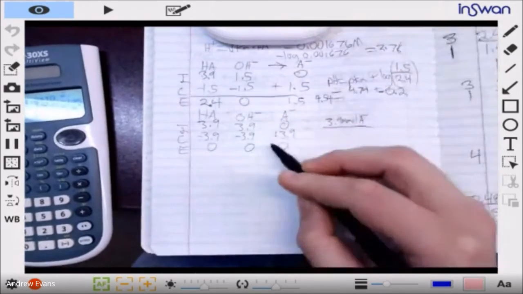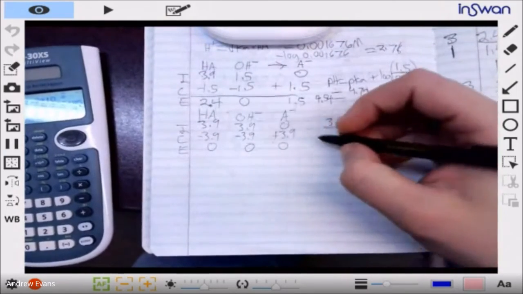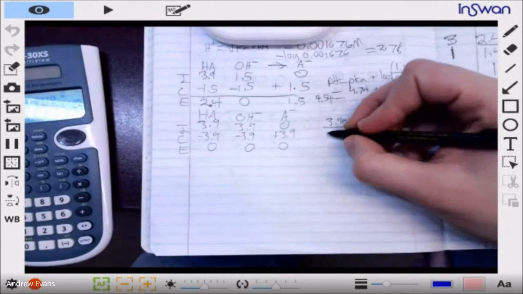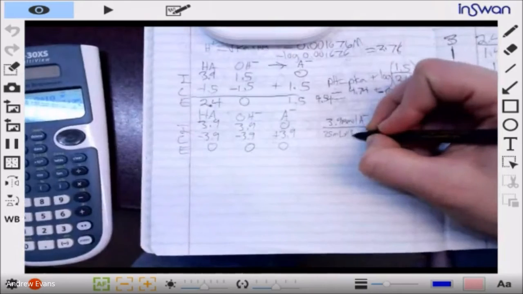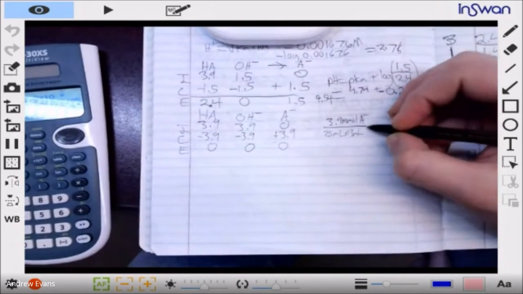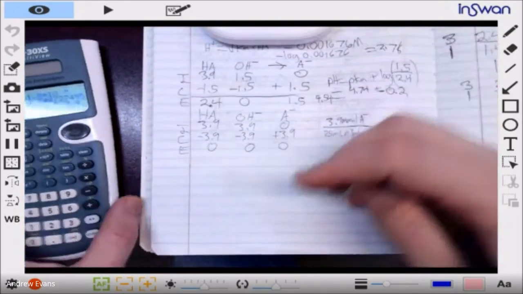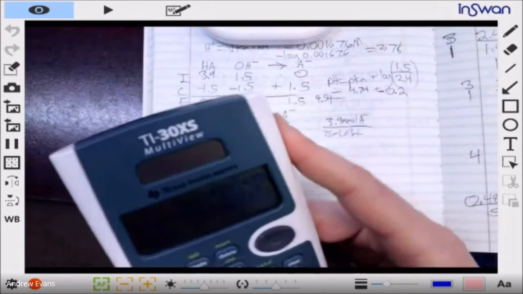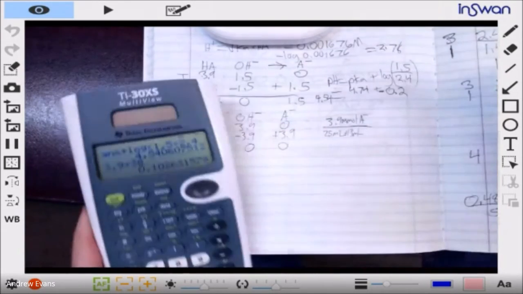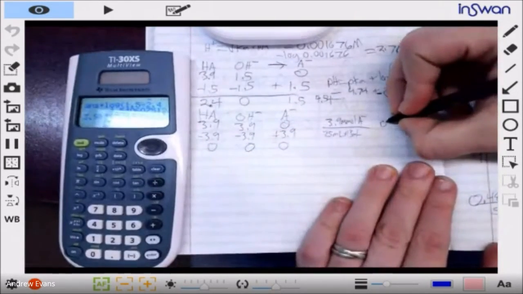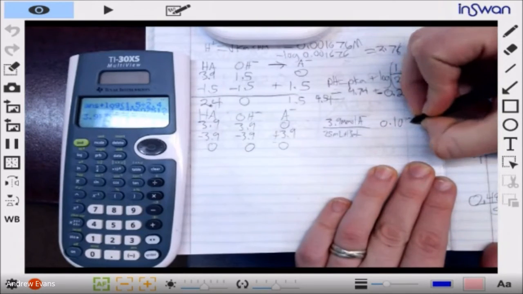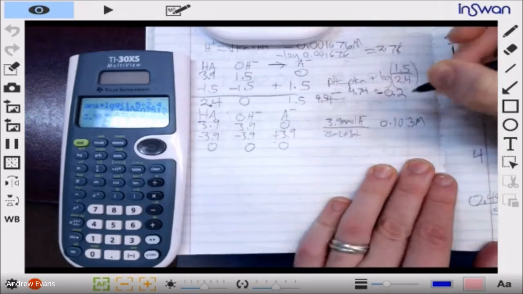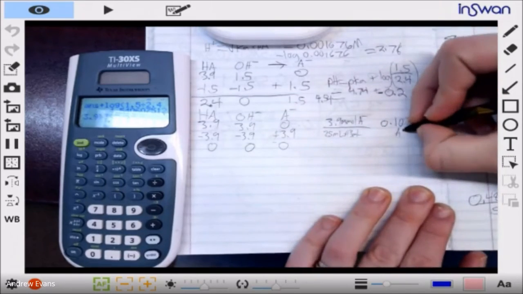Well, what's our new volume? Got to remember we used 25 mils of acid and 13 mils of base. So the total volume is 38. 3.9 divided by 38 is 0.103 of A minus.